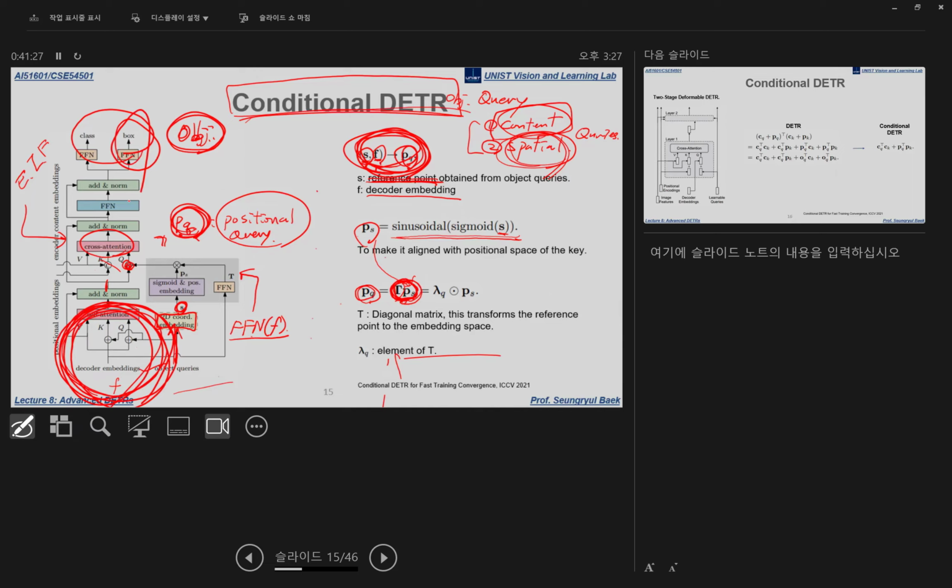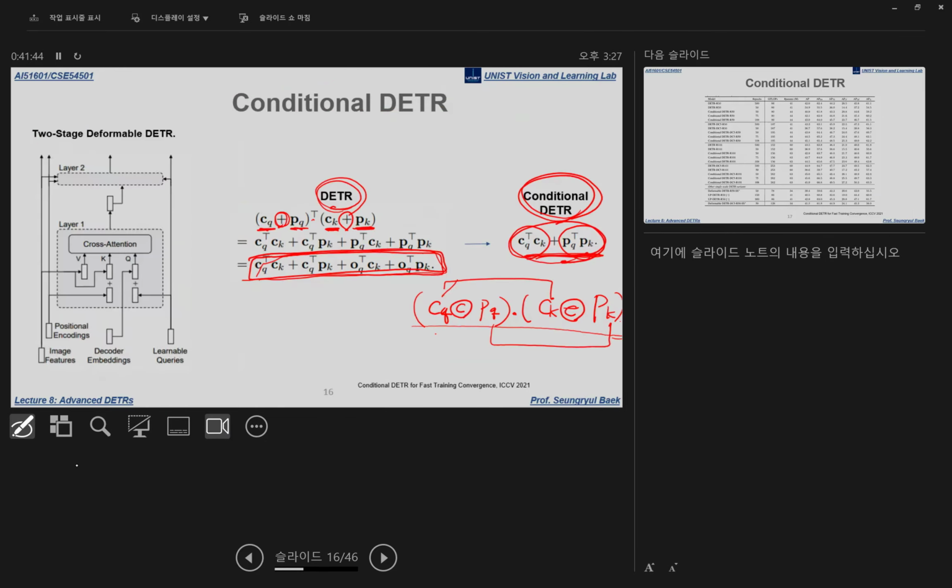That was the reason why it takes more epochs compared to the previous Faster R-CNN or other variants. But now, by giving more prior information here, the training becomes faster.